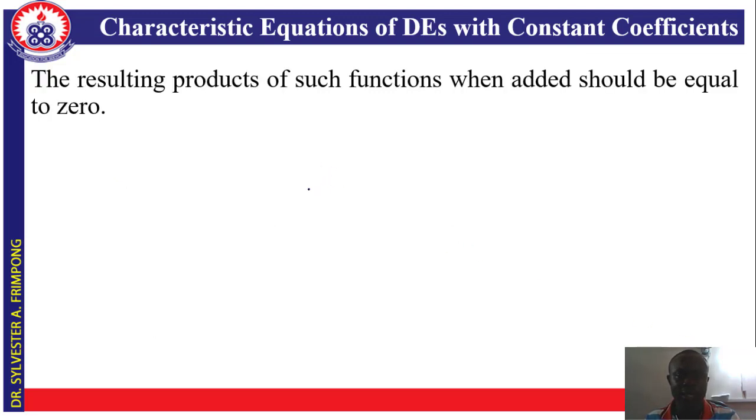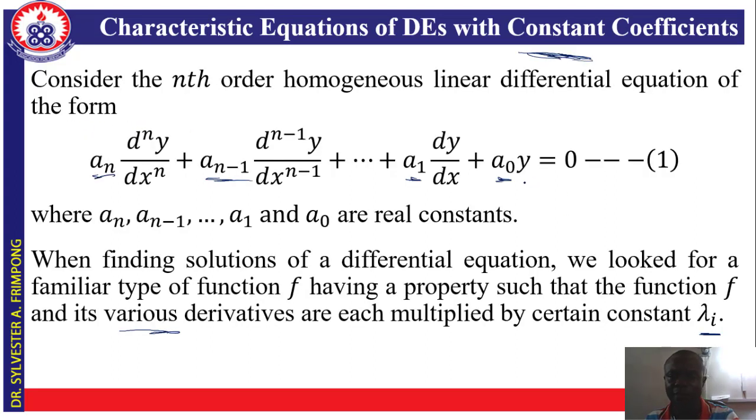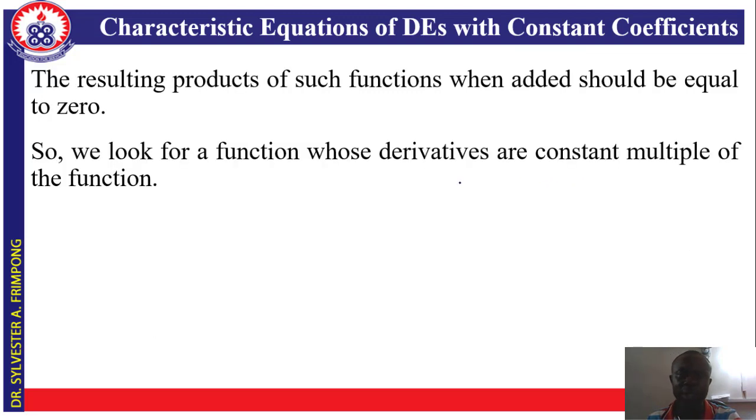And when you get that function, the resulting products of such functions when added should be equal to 0. So in other words, when you get that function and then we take the various derivatives and put them inside it, we should be able to get 0. So we look for a function whose derivatives are constant multiples of the function.